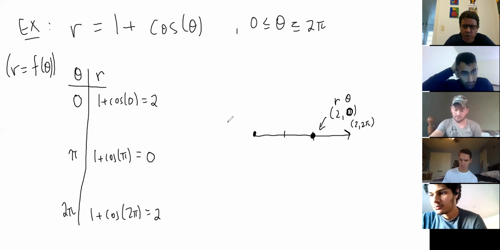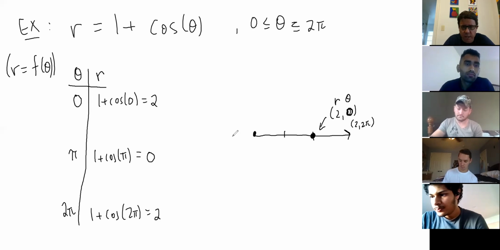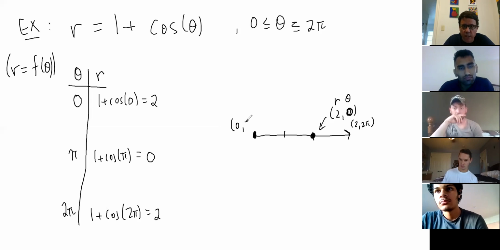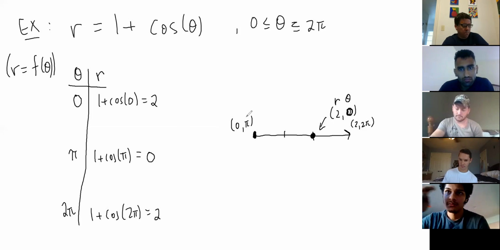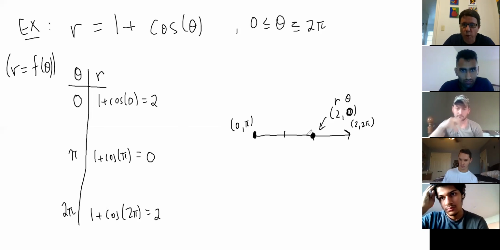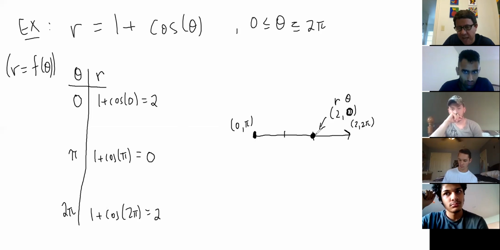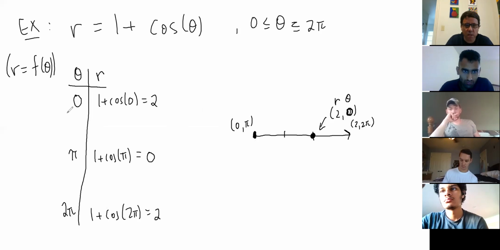R is how far you go out. So I rotate 180 degrees and I don't go out any units. So I'm right there. That's the point where r is 0 and the angle is pi. So if that's all you know, I start here, I have to somehow get over to here, and then somehow I have to get back to here. That's a little strange, but let's see what happens.